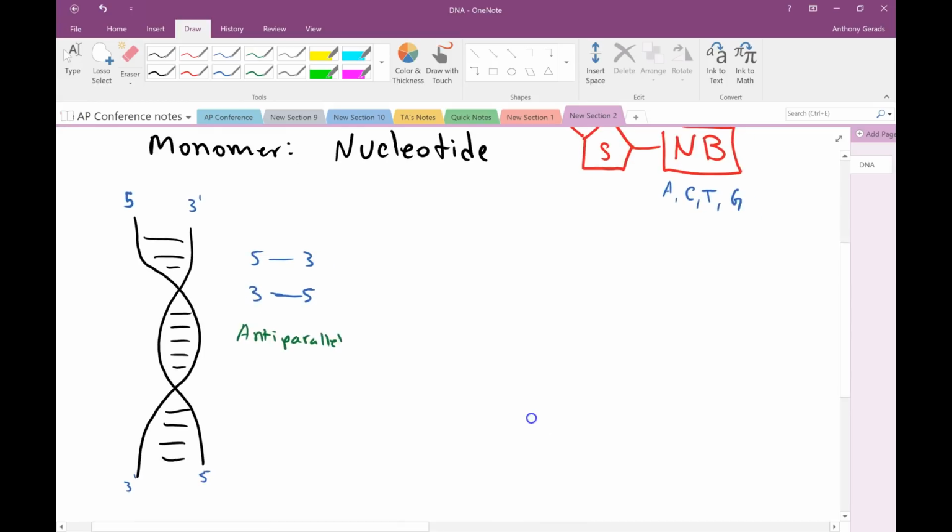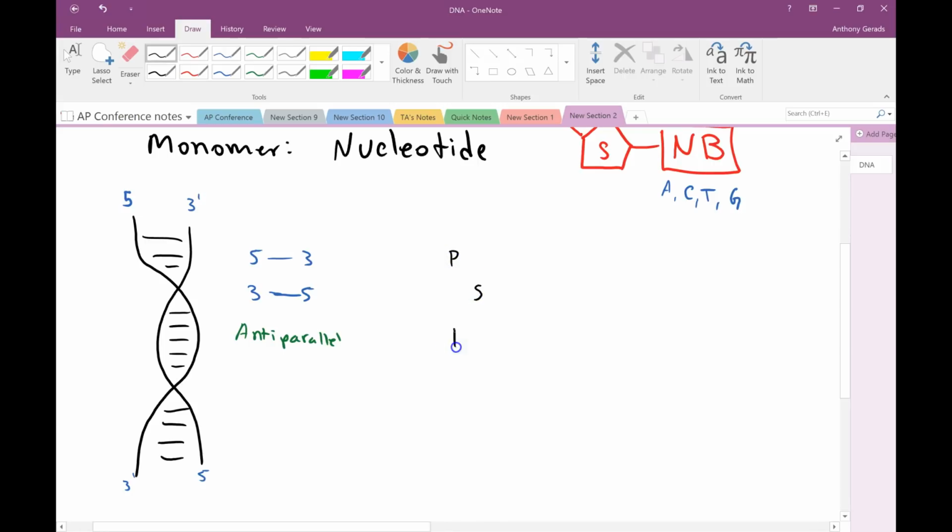And if I look at it on a molecular level, how it actually looks is I would have a P, S, P, S, P, S. It's going to look like this. So my sugars and phosphates are going to make up the sides of the ladder. So S, S, S, P, P, P. Alright, so those are my sides of my ladder.